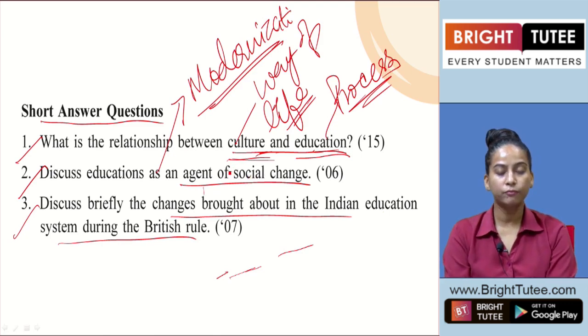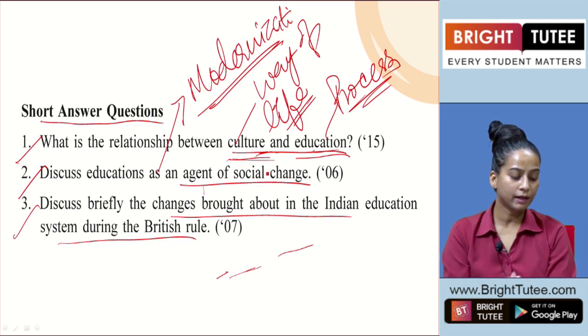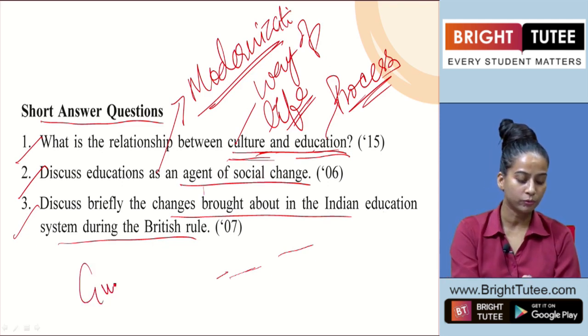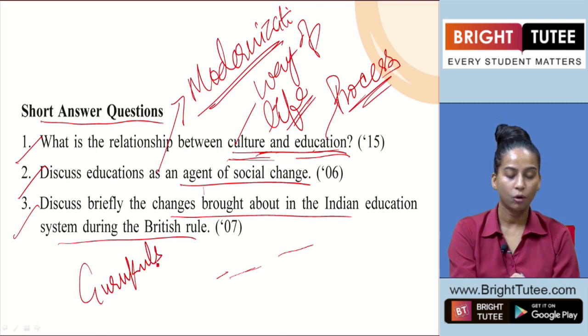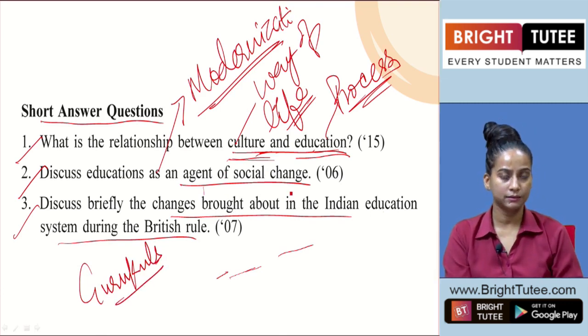The formal system of education basically began with the Brahmins, the high caste group of Hindus. They acted as formal teachers, and at that time teaching centers were called Gurukuls or Vidyalayas.